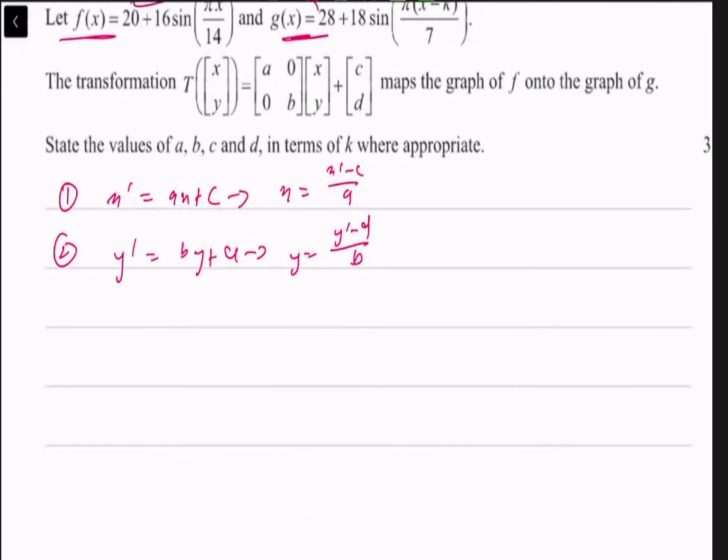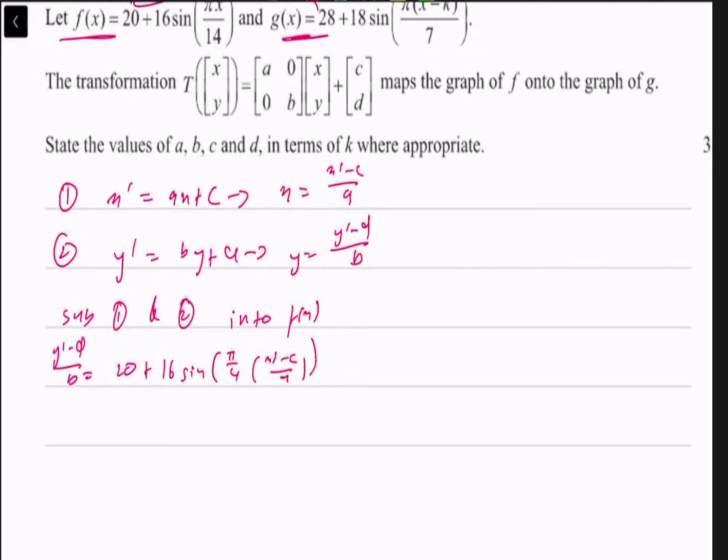Now you take substitutions 1 and 2 into f of x. So y dash minus d on b is 20 plus 16 sine pi on 14 times x dash minus c on a.